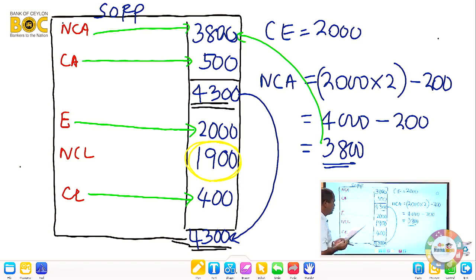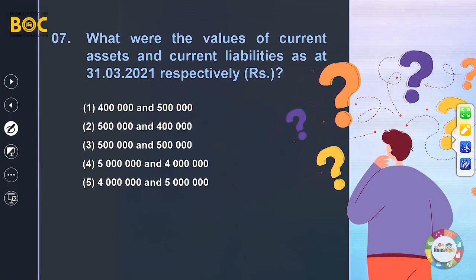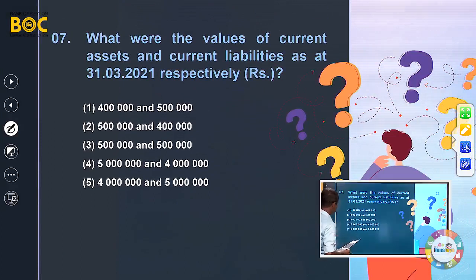Question number 7. What were the values of current assets and current liabilities?